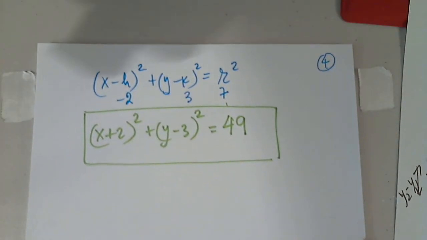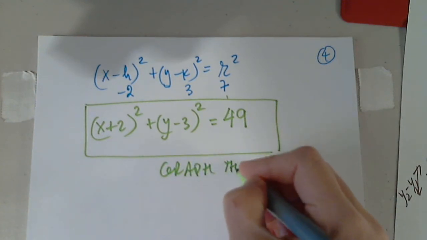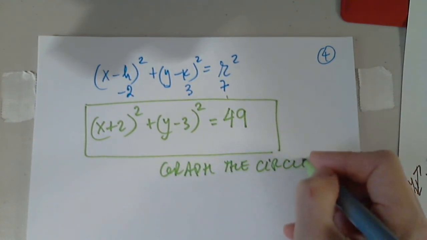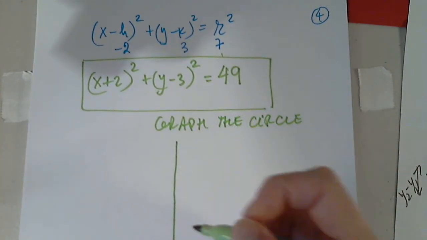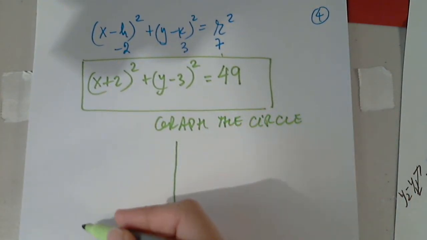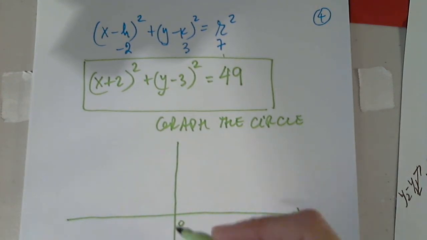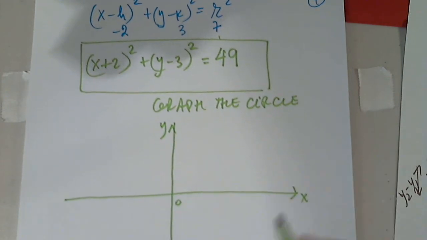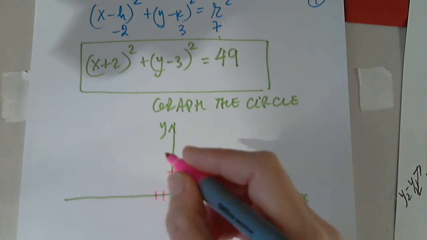We got it. Now I'm going to throw in also graphing the circle. The center, we have to plot the center first. And the center is negative 2 comma 3: 1, 2, 1, 2, 3, right here.